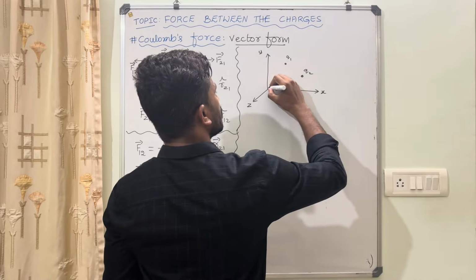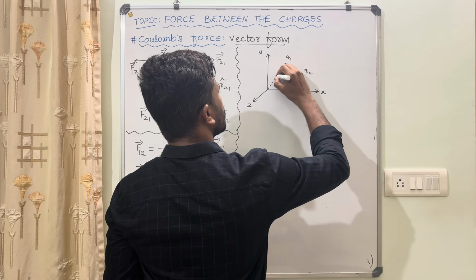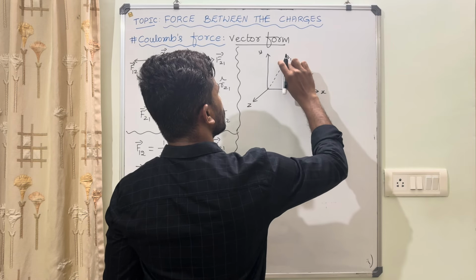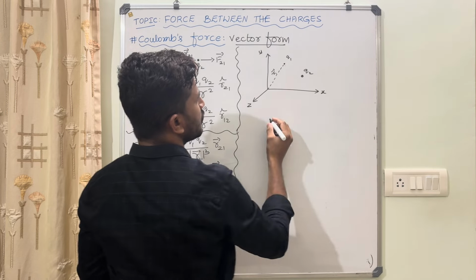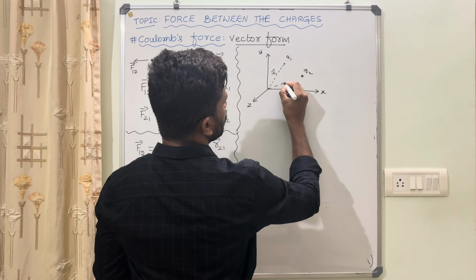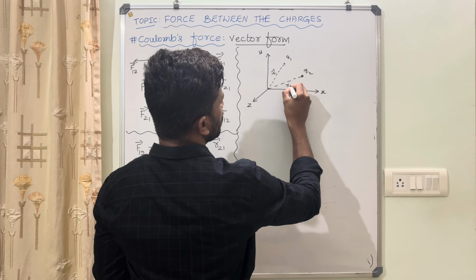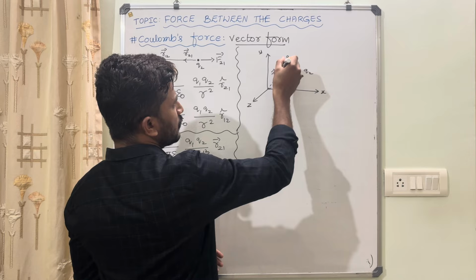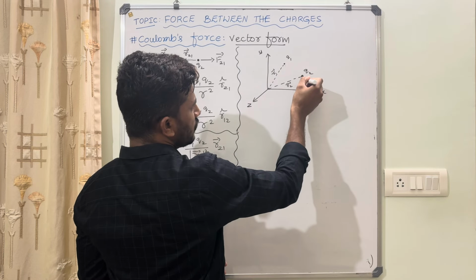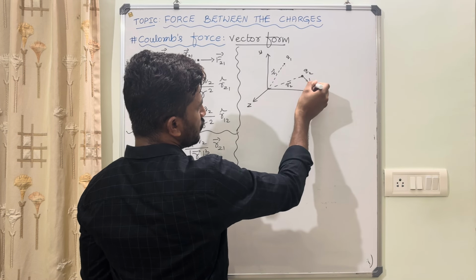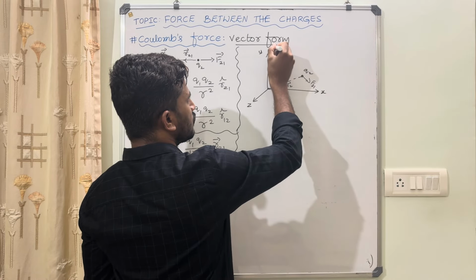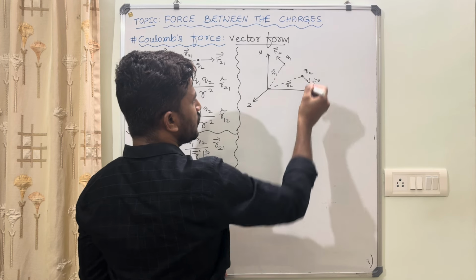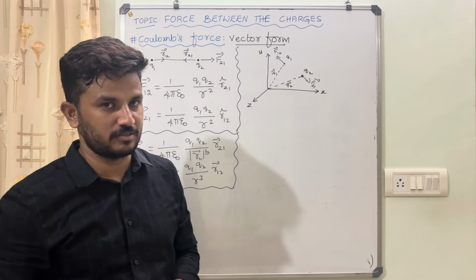So q1 is at a distance r1 vector, and q2 is at a distance r2 vector. The force acting on q2 is in this direction, F21. The force acting on q1 is F12. They are equal and opposite in direction.